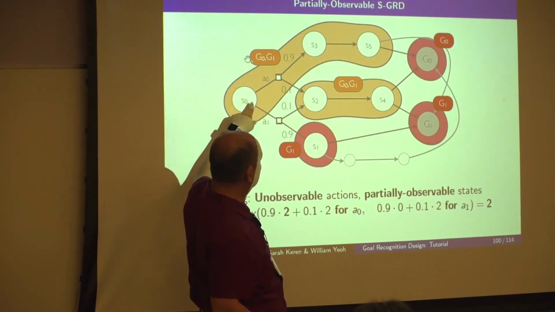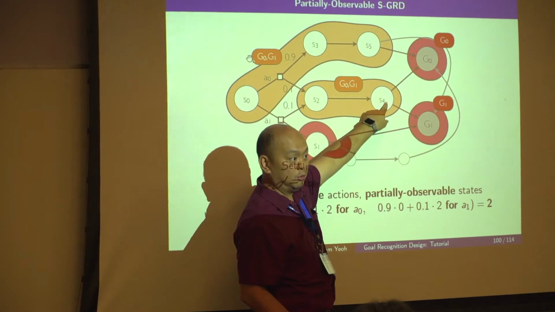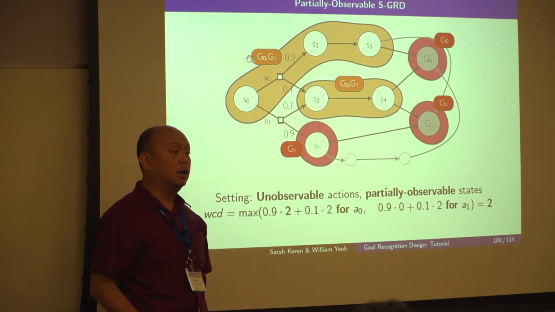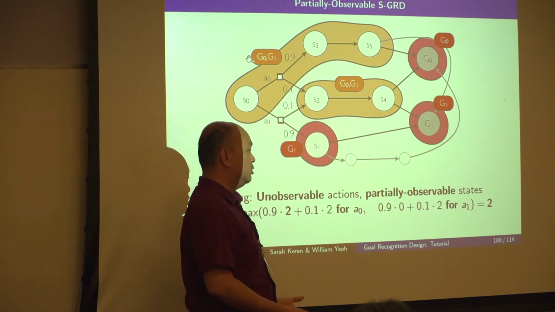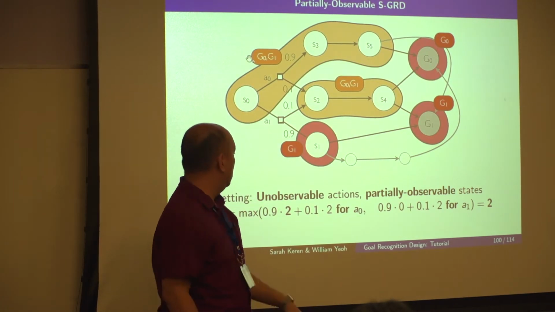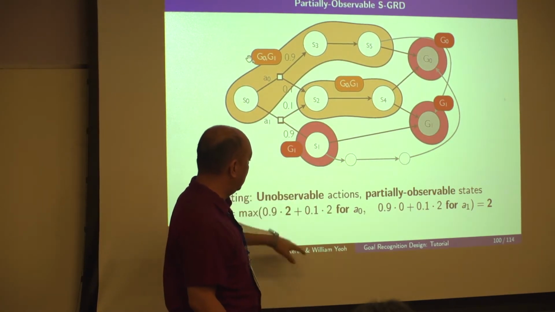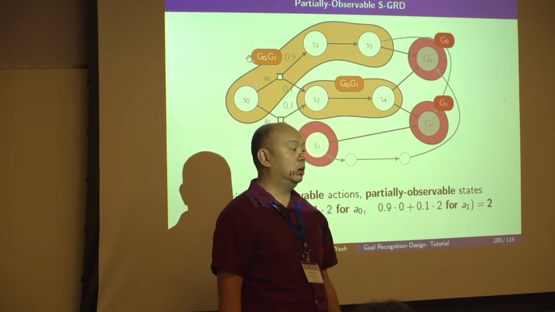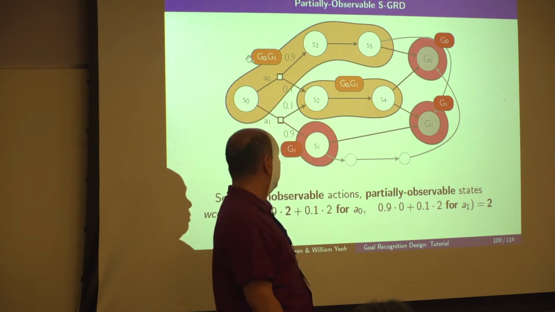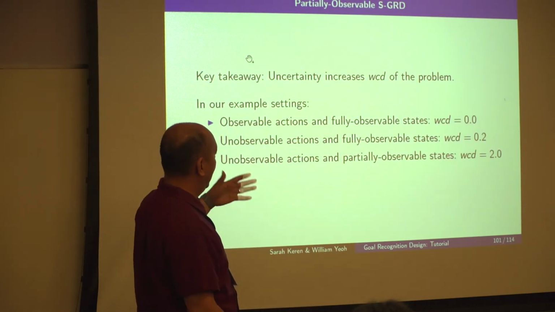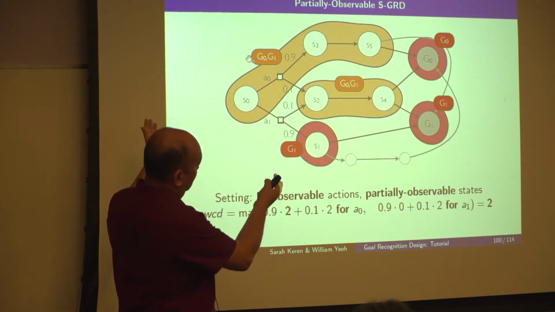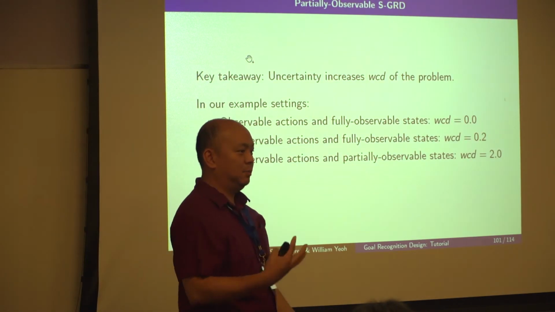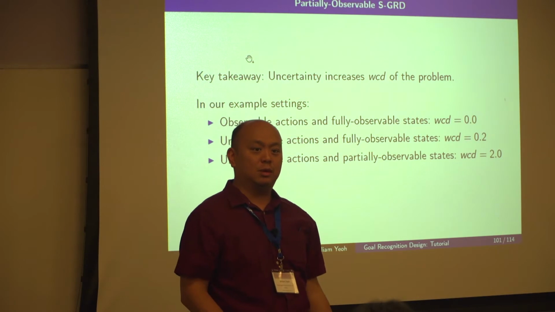This policy's cost is just 0.2 from before. So the maximum of the two is 2. So now the WCD increased from 0 to 0.2 when actions were unobservable, to 2 when the states are partially observable. So the key takeaway, using this very simplified example, is that the more uncertainty there is in the problem, as expected, the WCD becomes worse.